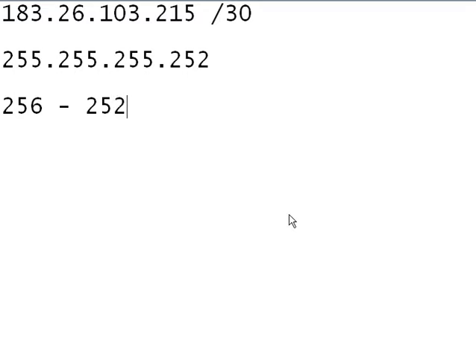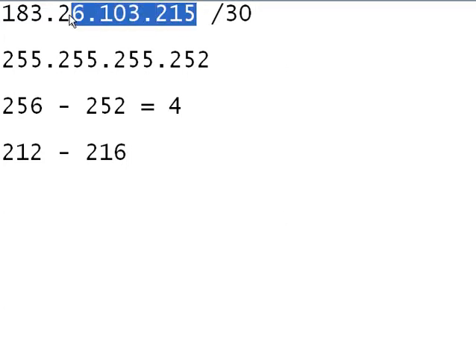So let's understand what this is. 212 is the actual network address. This is VLSM. So 212 is the network address.